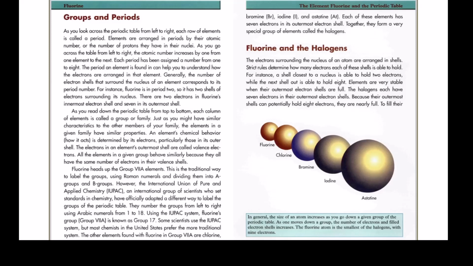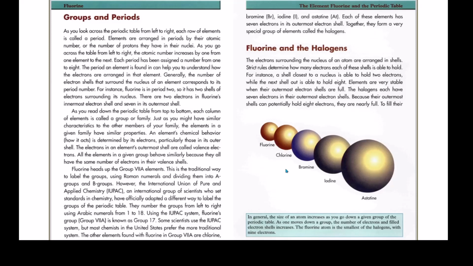This is a traditional way to label the groups, using Roman numerals. The International Union of Pure and Applied Chemistry, IUPAC, an international group of scientists who set standards in chemistry, has officially adopted a different way to label the groups of the periodic table.